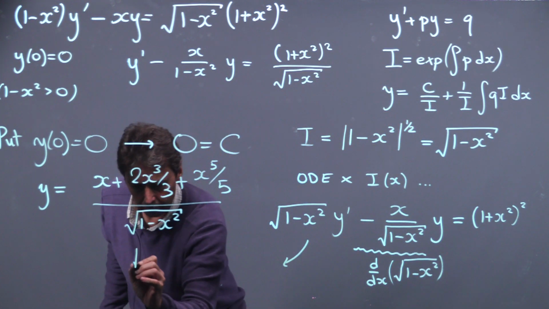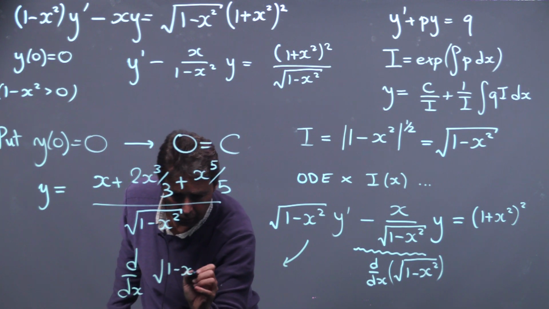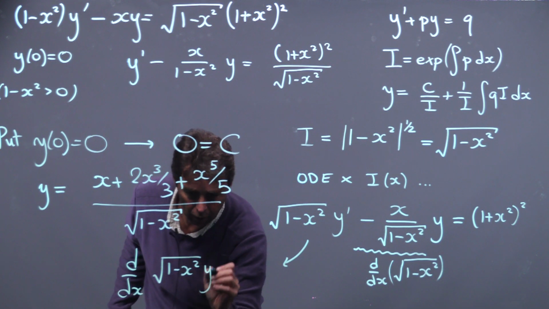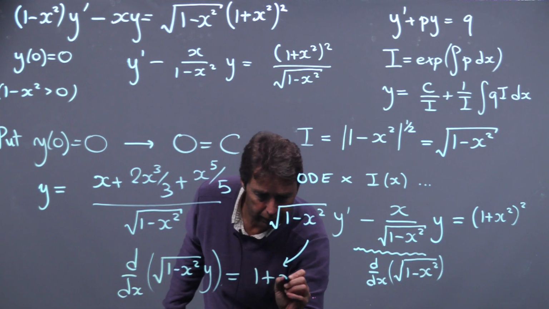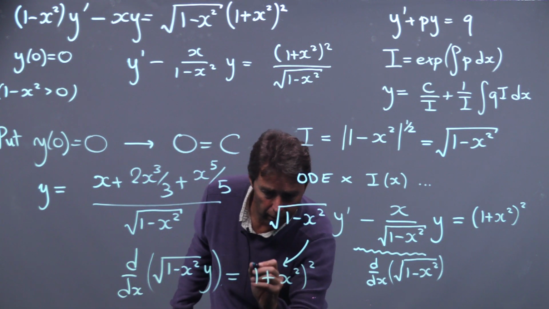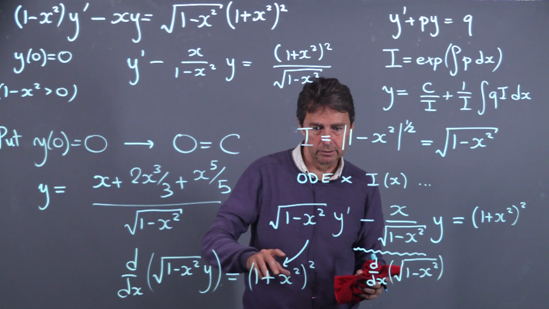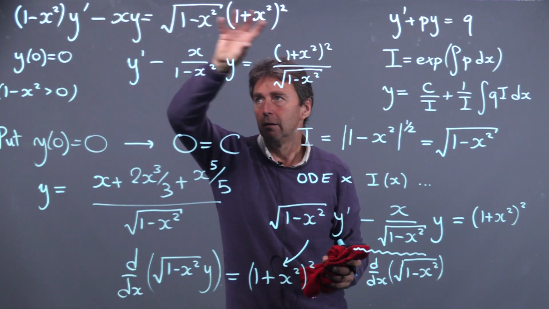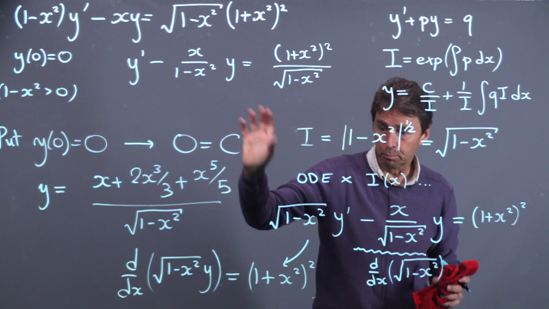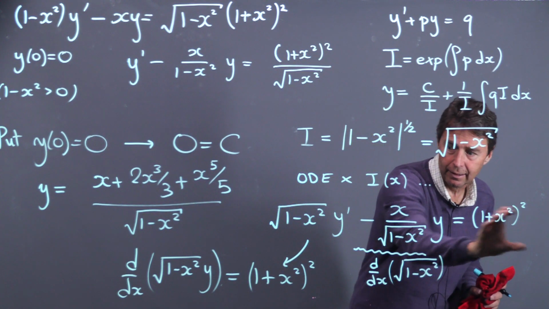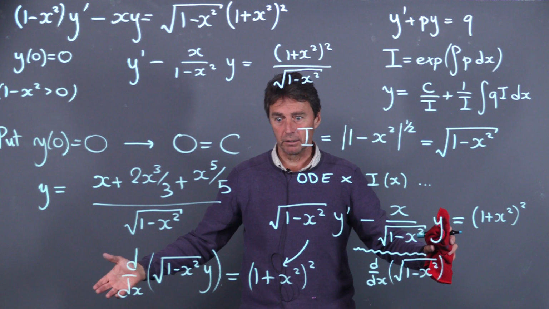So that's just d by dx of the square root times y. And on the other side is 1 plus x squared, squared. So all I've done in applying the integrating factor is to take the original equation, rewrite it in this form, multiply by the integrating factor to get here, realize that the left-hand side is that derivative. Now I just integrate.